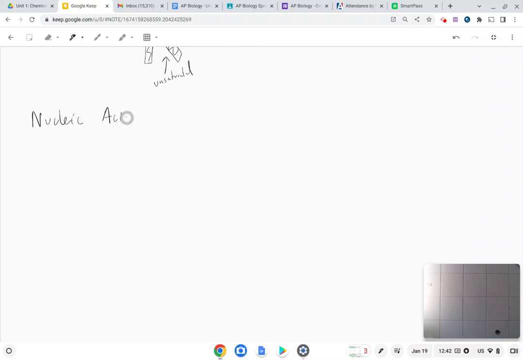So this is macromolecule number 3. They are the building blocks of DNA and RNA.